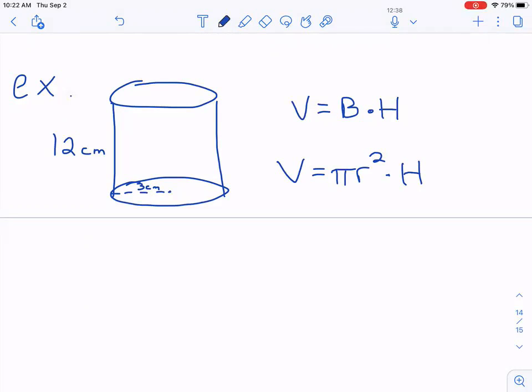And all we need to do is plug in the numbers. So our radius is 3, that's going to go right in there. And our height is 12, that's going to go right in there. And so the volume is going to be pi times 3 squared, because I made the radius 3, times 12.